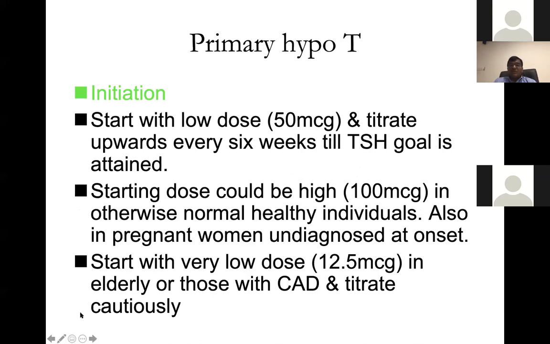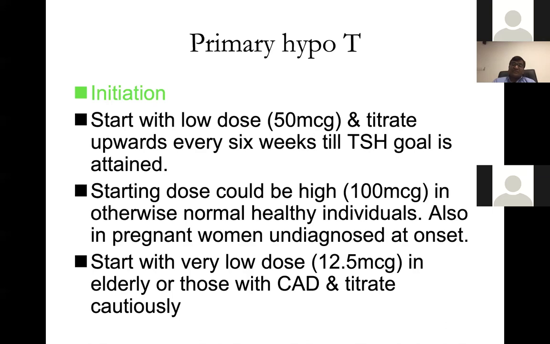Usually for starting doses in adults, you can go by what I told you about the 1.6 microgram per kg requirement. If the TSH is very high, it looks like the patient has full-blown hypothyroidism. But if the TSH is not very high, you can start with a lower dose. Sometimes in an adult, you can start with 50 micrograms and titrate upwards.